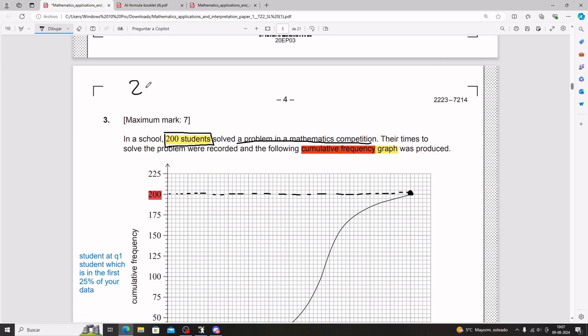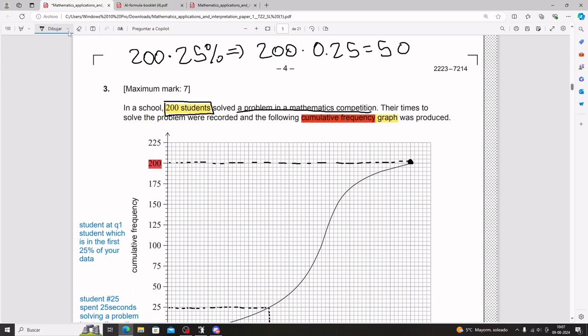All you have to do is take 200 and multiply by 25%. It's hard to multiply by a percent, so we pass from percent to decimal. This is going to be 200 times 0.25, which gives me 50. So the student at Q1 is student number 50, because 200 times 25% gives me that 50.